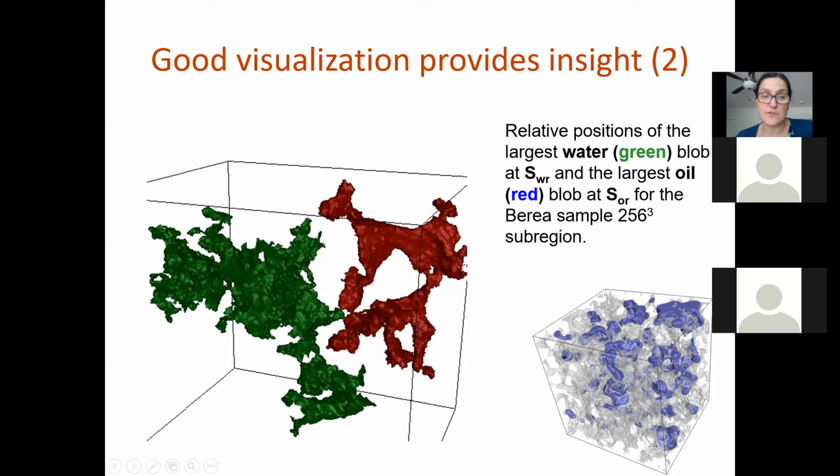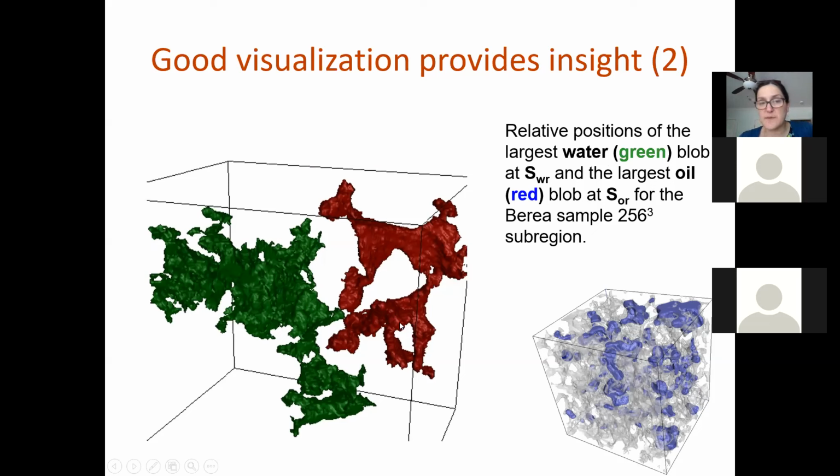And also you could see that this was the largest blob of water inside of that volume. And then after that there was imbibition, and then there was oil residual, and oil was hanging out mostly in the pores, in the middle of the pore spaces.